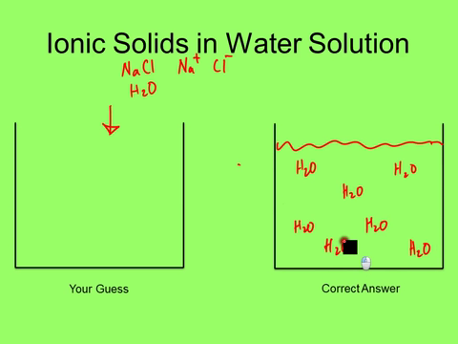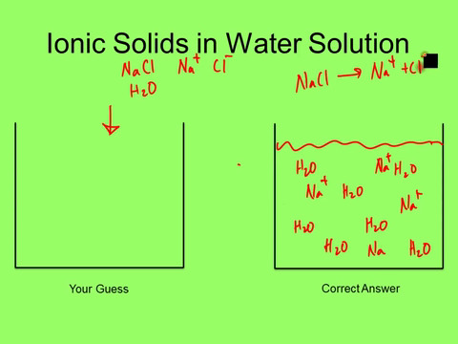The water molecules are everywhere. You also find that the Na pluses are spread out evenly throughout, because our NaCl became Na plus and Cl minus. So Na pluses are evenly spread throughout.